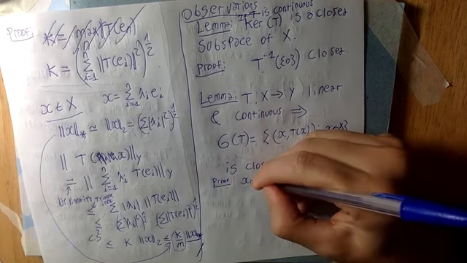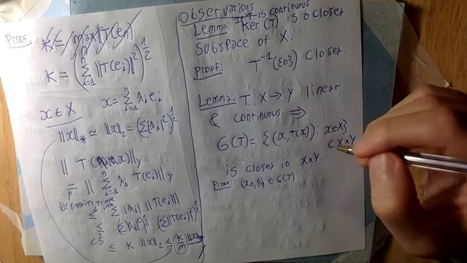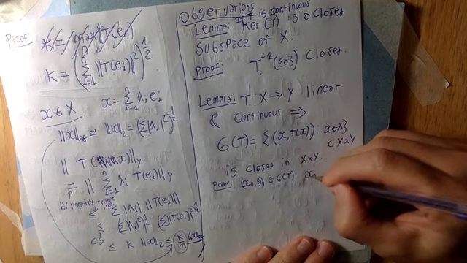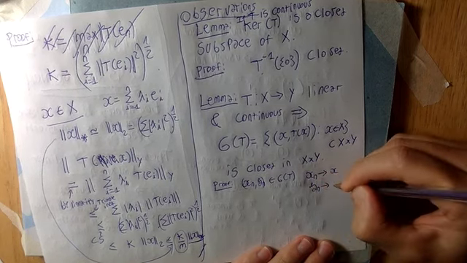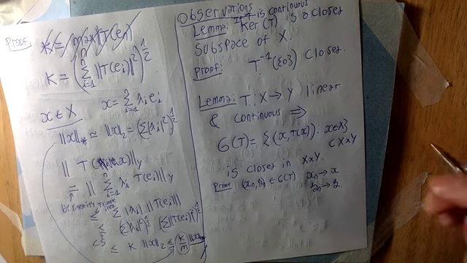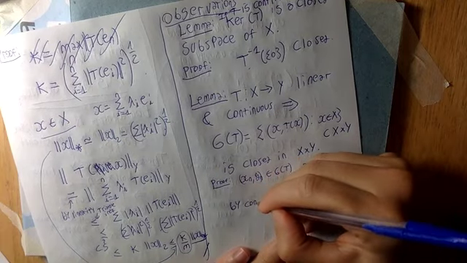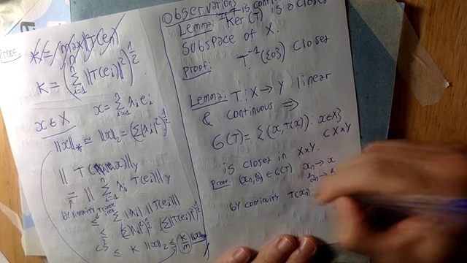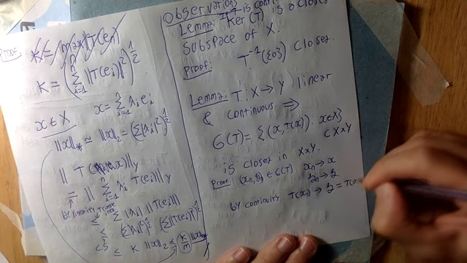So we have (x_n, y_n) in G(T), and let's assume that x_n converges to x and y_n converges to y. Then by continuity, T of x_n converges to y, which is equal to T of x.